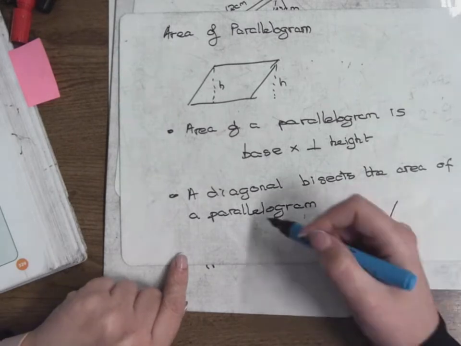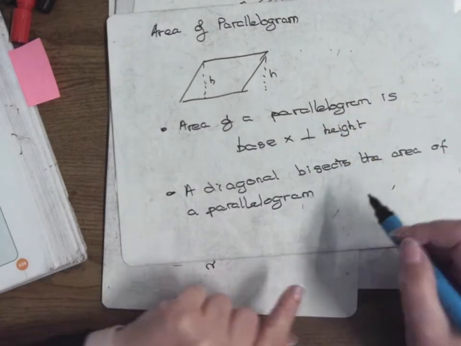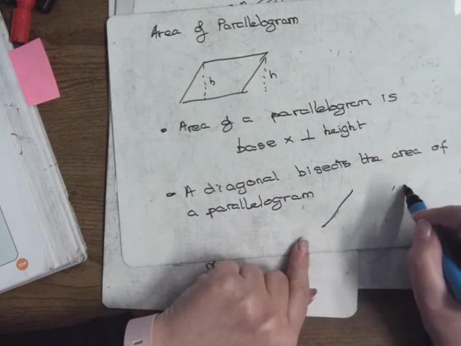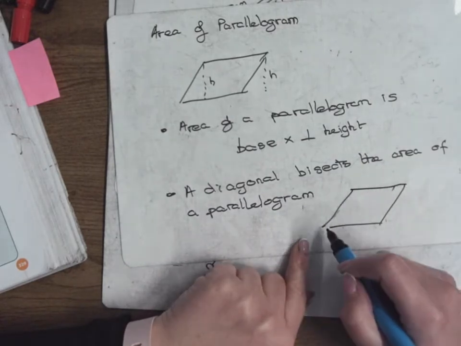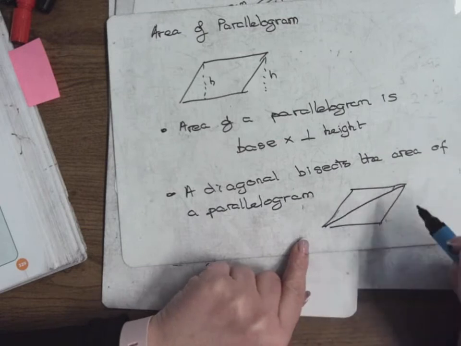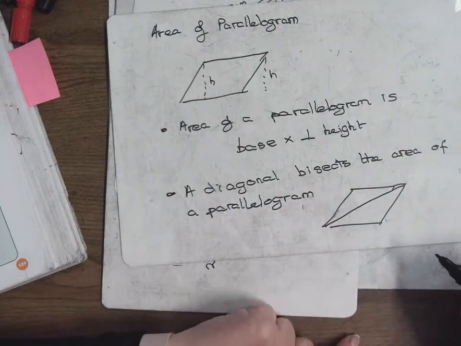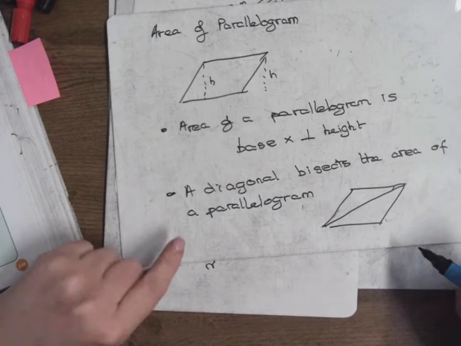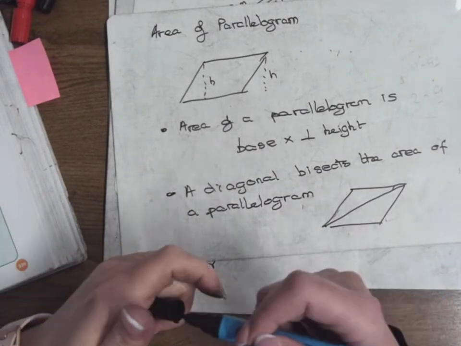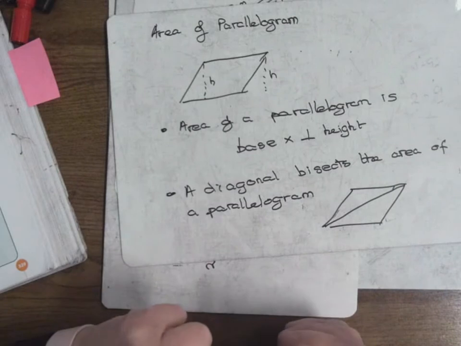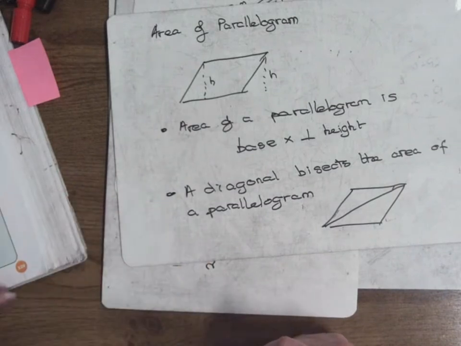Halves it, yeah. So if you have a parallelogram and you draw a diagonal, it cuts the area in half, exactly in half. You're allowed to assume it's exactly cut in half because that's a rule. That's all we need to know about that.